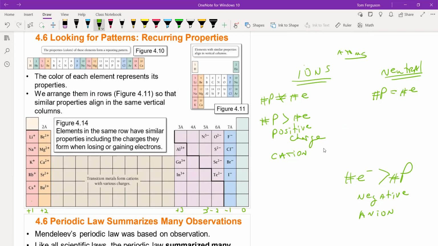Notice this is 0. That means neither an anion nor cation forms, because it doesn't want to lose or gain electrons. It's fine the way it is. It's super stable the way it is. Everything else wants to lose electrons. Why do you think they want to lose electrons? To become more what? If in doubt, more stable.